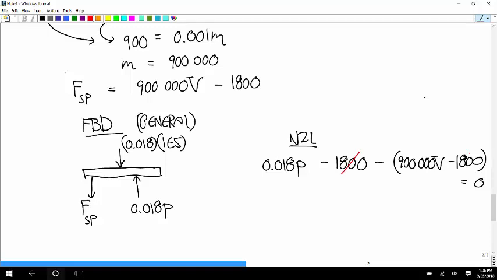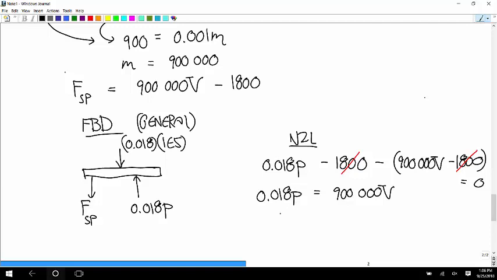The 1800s cancel, and you get that 0.018 P is equal to 900,000 V. Now divide both sides by 0.018.